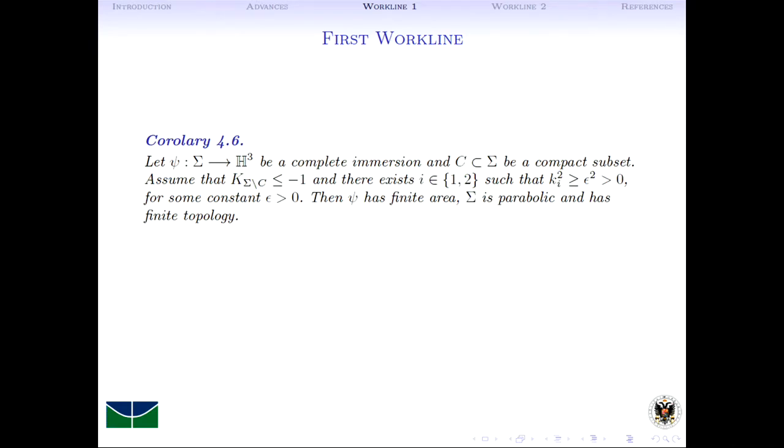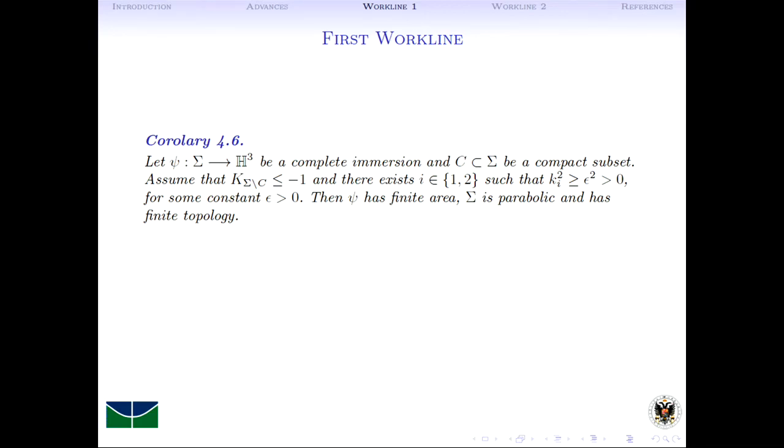Applying the second one, we can obtain some interesting results too. For example, this one for immersions in hyperbolic three-space. If we impose the conditions outside a compact subset of the surface, then the surface has finite area, is parabolic, and has finite topology, directly applying the second theorem.